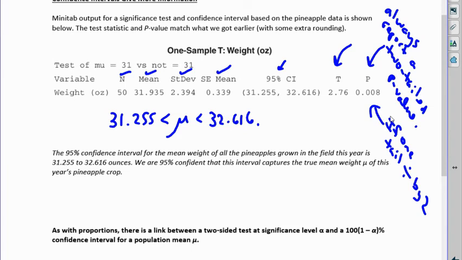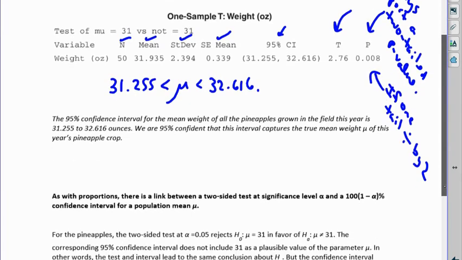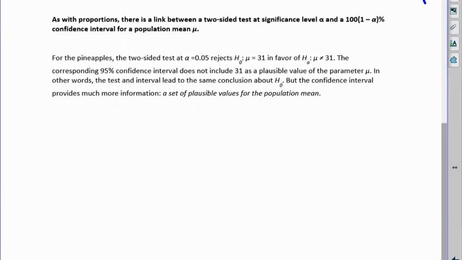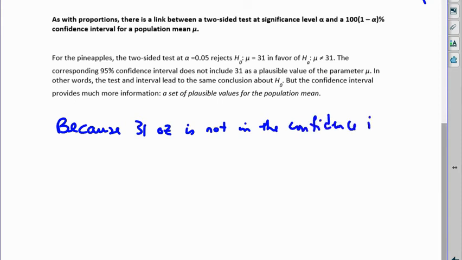Okay, and so I'm going to write that down at the bottom. I'm going to write my conclusion based on the confidence interval, because 31 ounces is not in the confidence interval. Remember, the confidence interval is made just from sample information, but I got to give the numbers of 31.255 to 32.616 ounces.